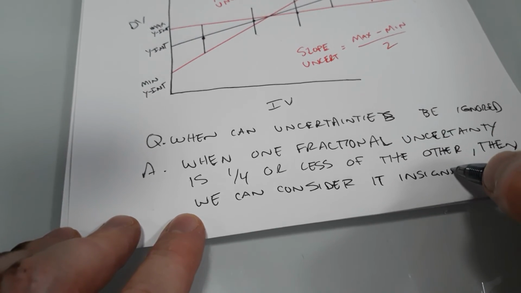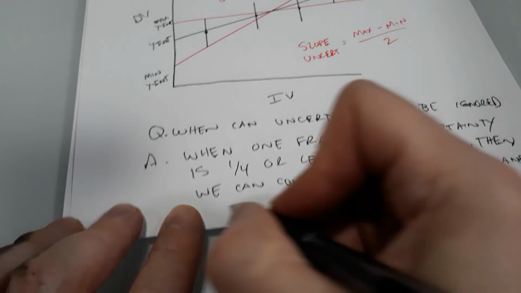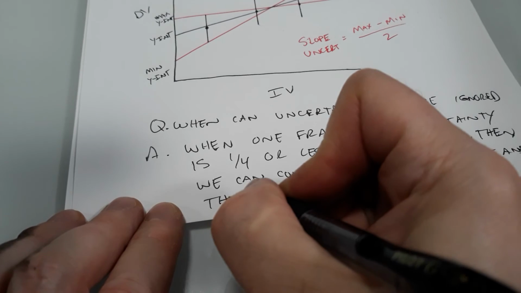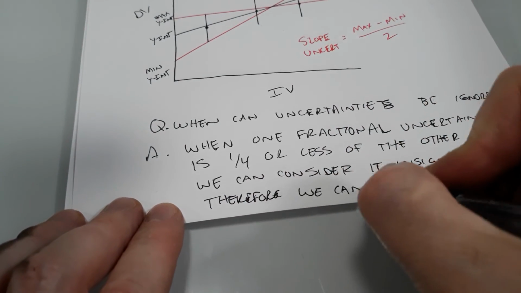So it's not that it doesn't exist, it's there, but it's just not significant. And therefore, we can ignore it.